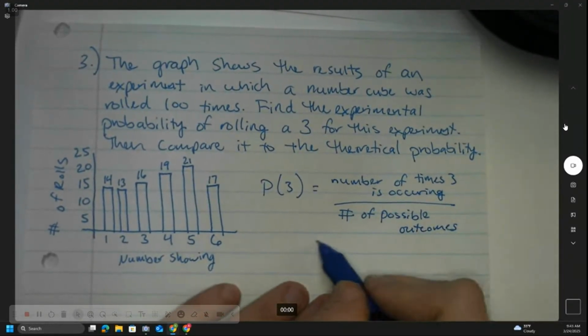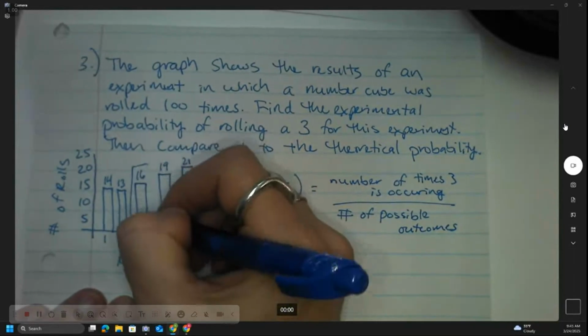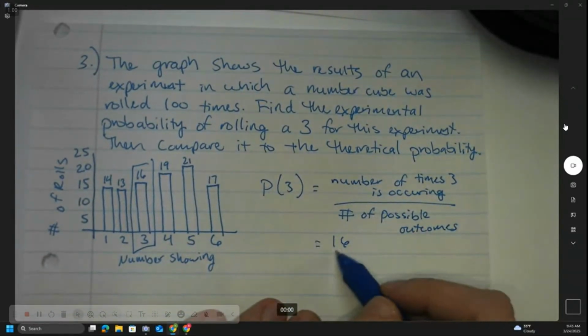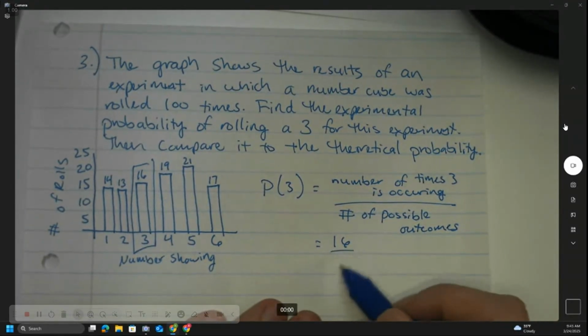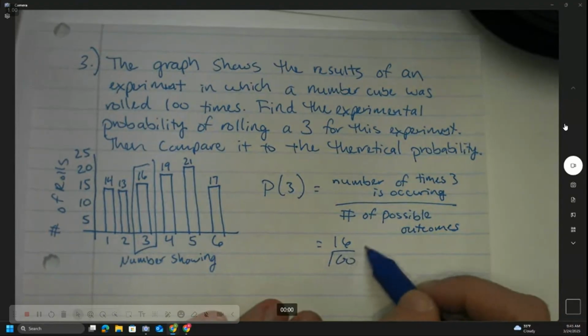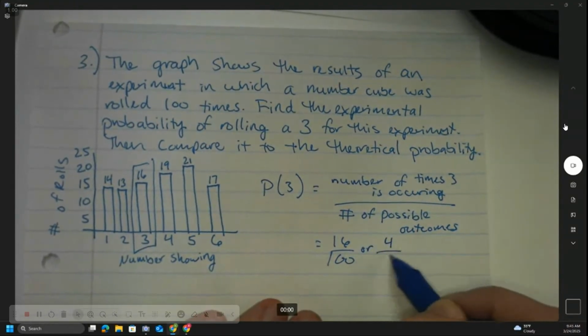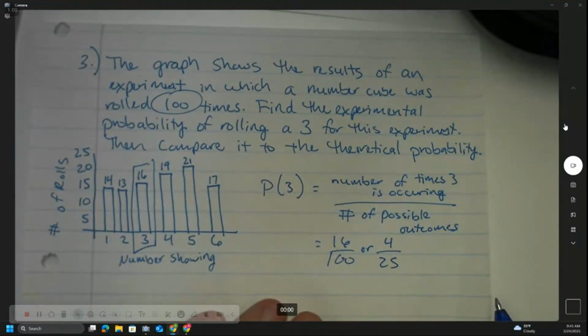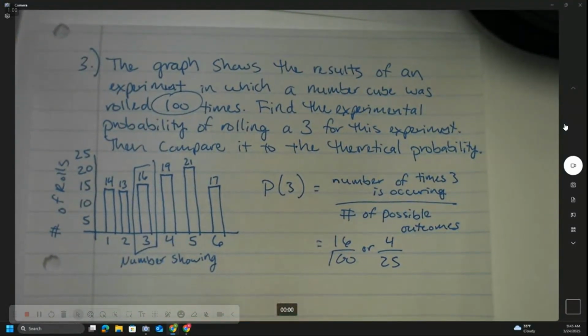So you would take that 3 right here, and it looks like it was 16 times, okay, out of 100, or reduced 4 out of 25. Because remember, that's your total.